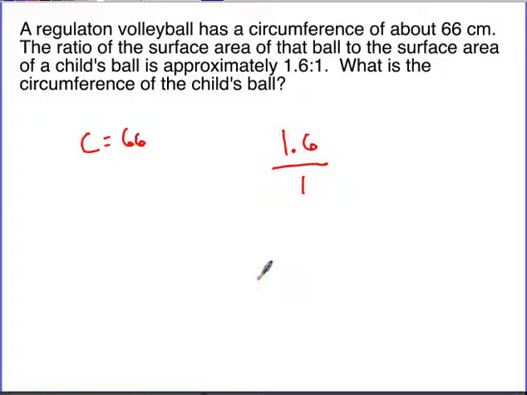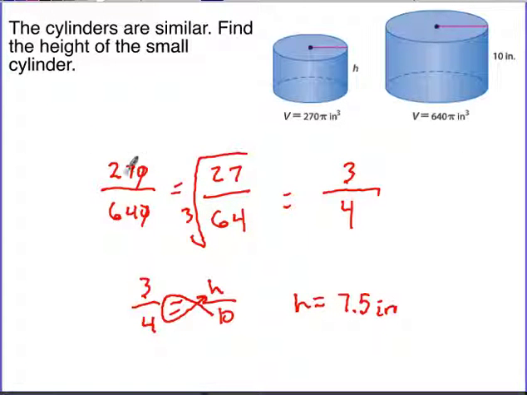So if we have the surface area, what do we have to do with that? We already have the ratio of the surface area. Here, we had the ratio of the volume, so what did we have to do?